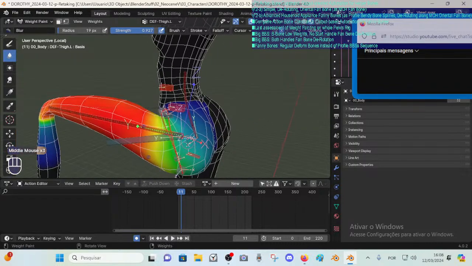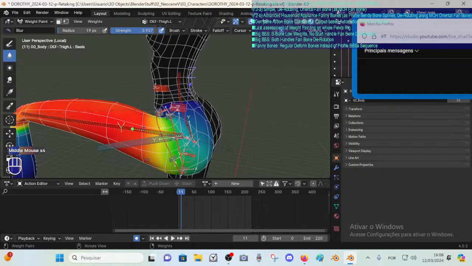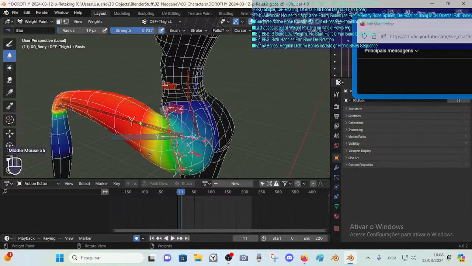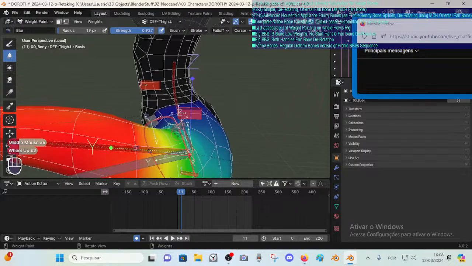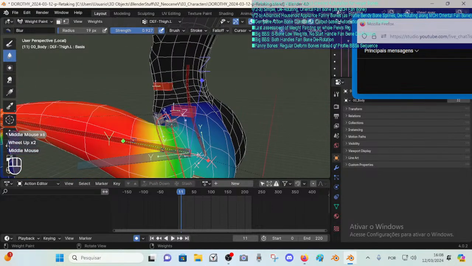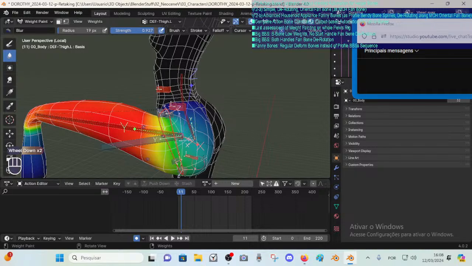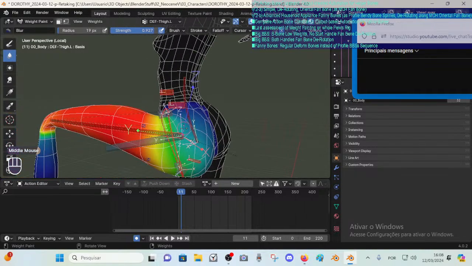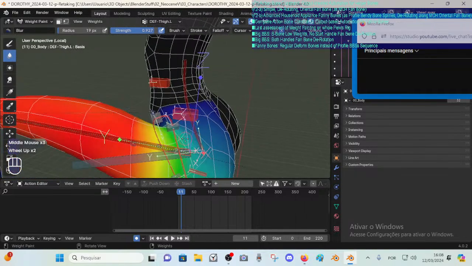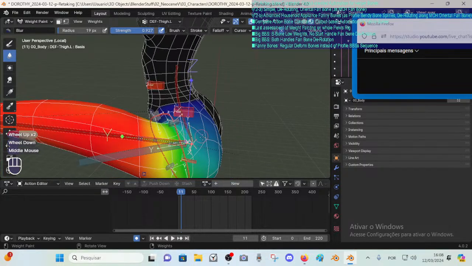And yes, in principle organic rigging doesn't need to be very precise. I mean, it needs to be precise, but it doesn't need to be exact in many ways, otherwise we would go crazy, right?